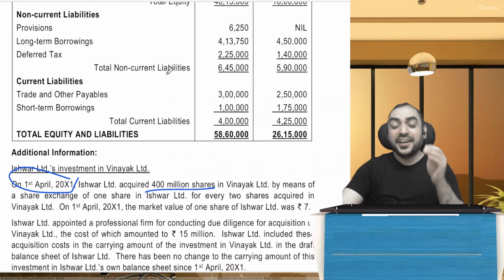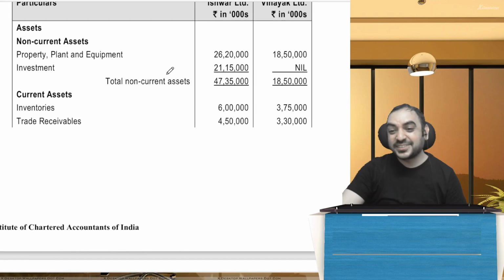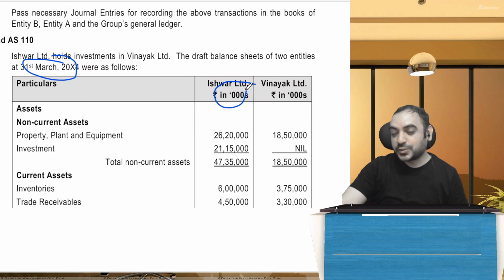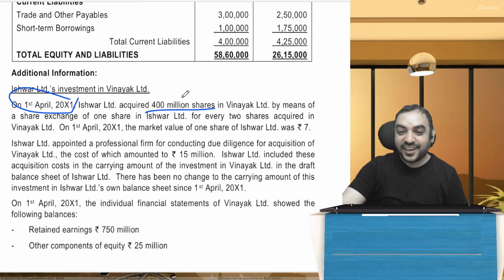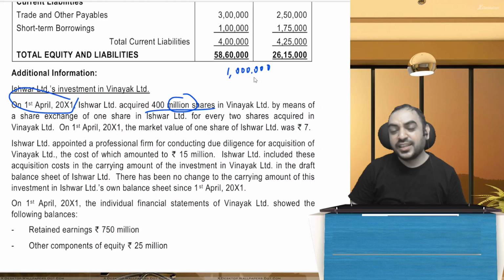This is one more area where the institute plays with your feelings, because here they have given thousands and all the data are given in millions. So don't get offended, my dear friends. 1 million means 1 followed by 6 zeros, and 1000 means 1 followed by 3 zeros. So if I have to convert a million into 1000, I should take 3 zeros out.